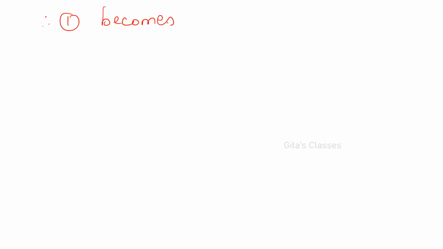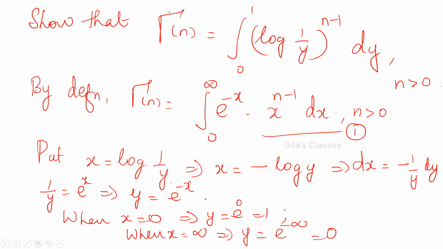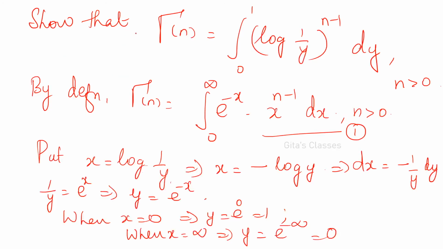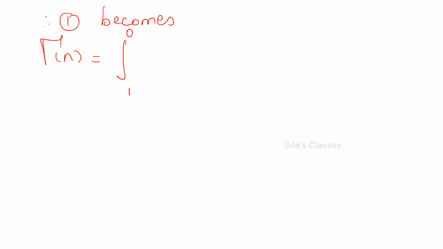substitute all these values in equation number 1. So gamma of n is equal to integral 1 to 0, right? When x is equal to 0, y is 1, and when x is equal to infinity, y is 0. So integral 1 to 0, e power minus x is what? y, right?